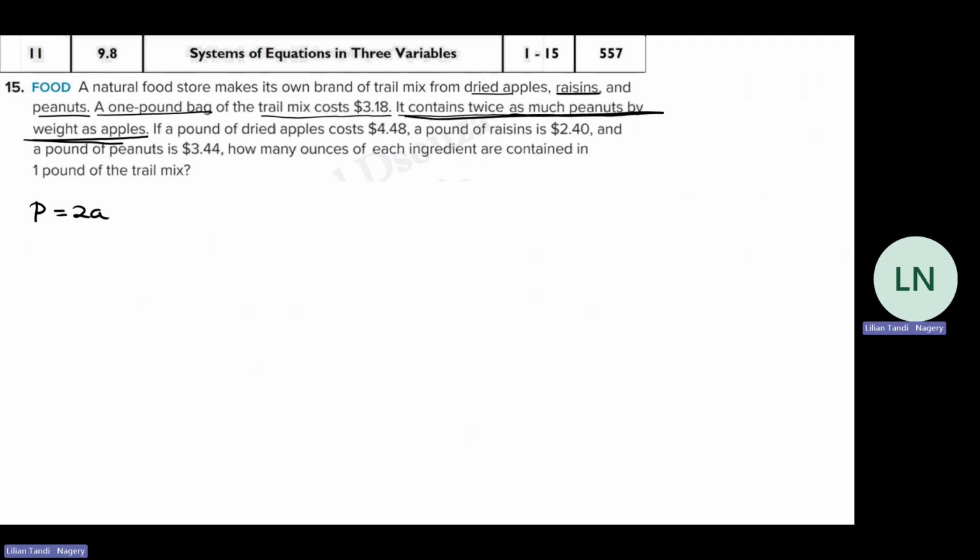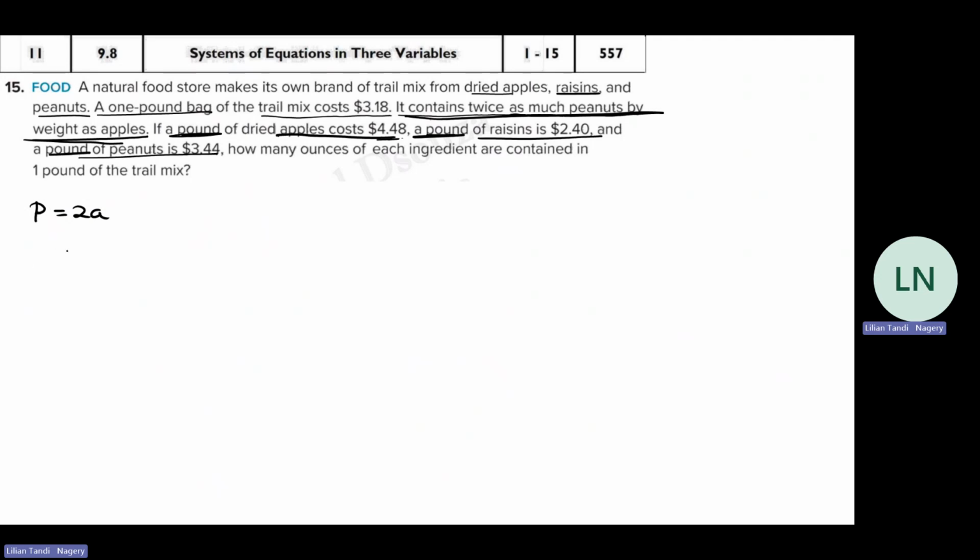If a pound of dried apples costs that, and raisins cost that, and peanuts cost that, the unit is pound and they're all the same.